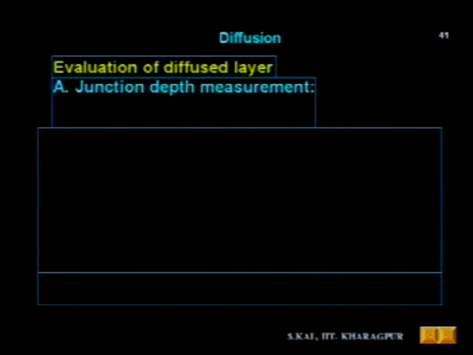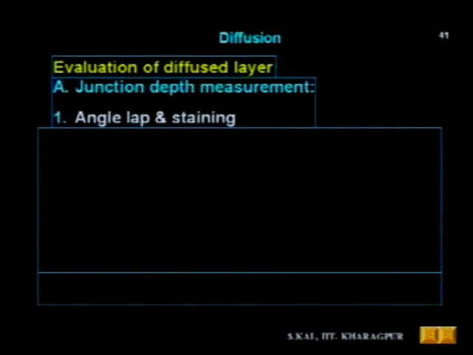One is the junction depth and the second is the sheet resistance or resistivity of the diffused layer. And sheet resistance or resistivity will give you an idea of how much dopant atom has been incorporated, has been diffused into the diffused layer.